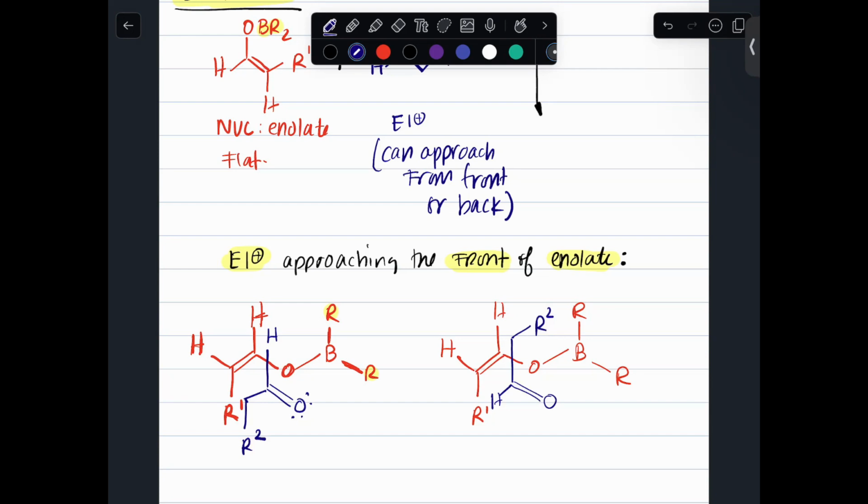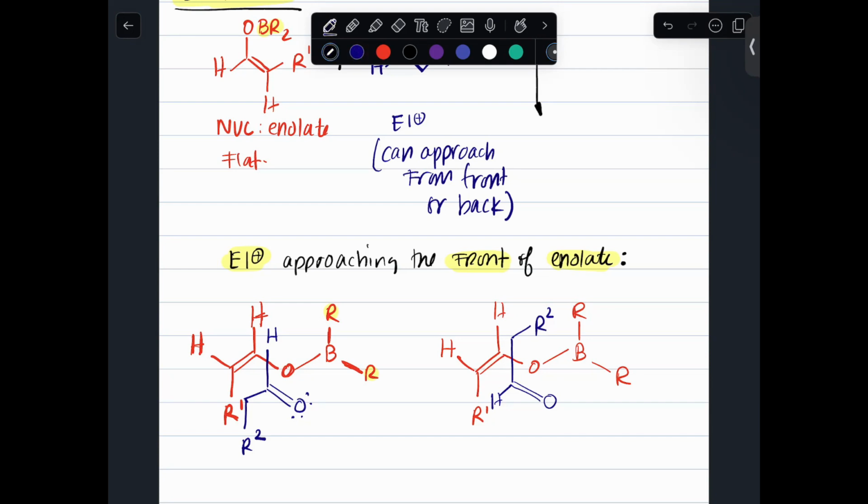Now, a couple of things that I wanted you to see as I'm drawing this. The reason I'm moving things around is because my transition state is a six-membered ring. I know I keep repeating myself, but I want to make sure you understand that because I want my transition state to look like a six-membered ring. So what do I mean?